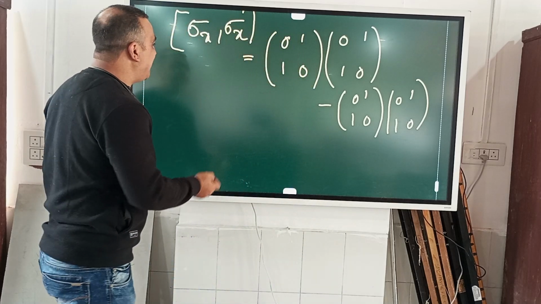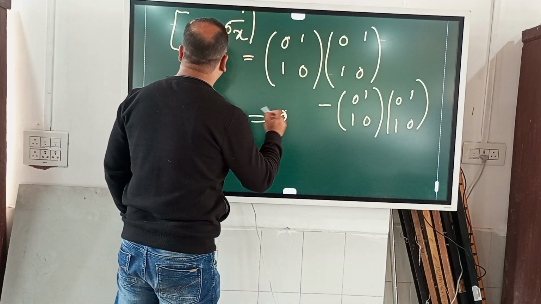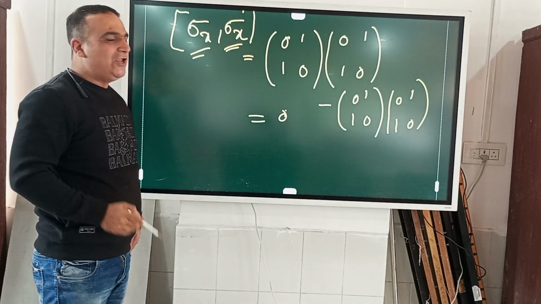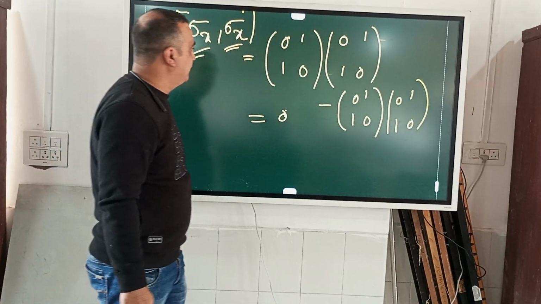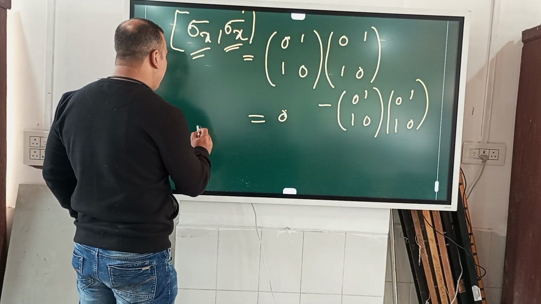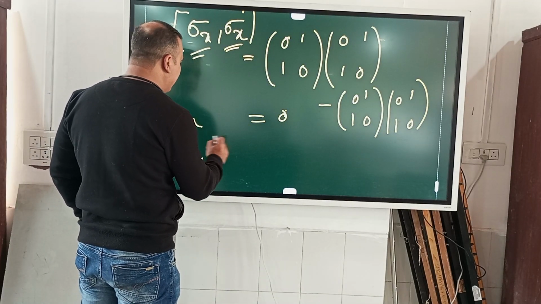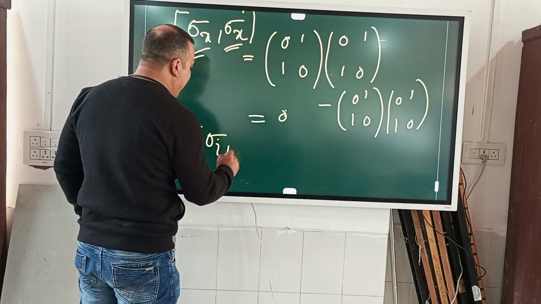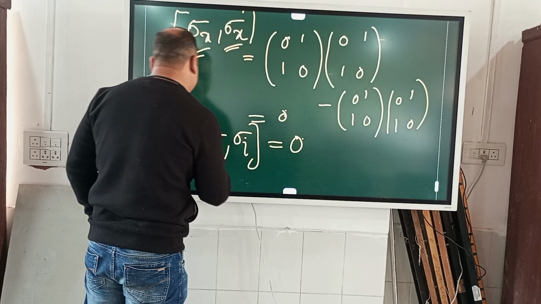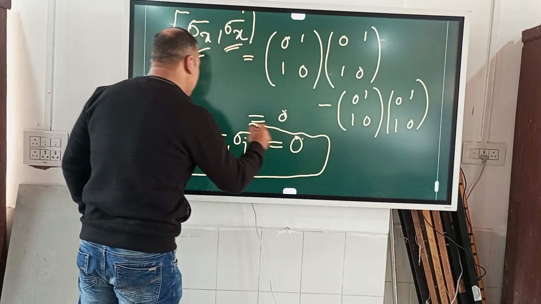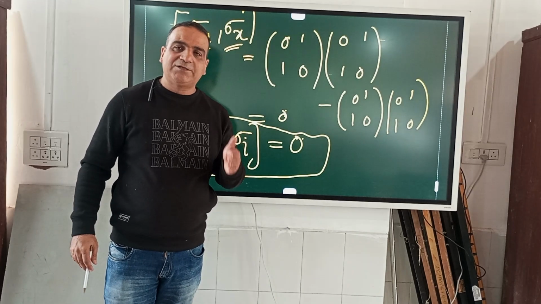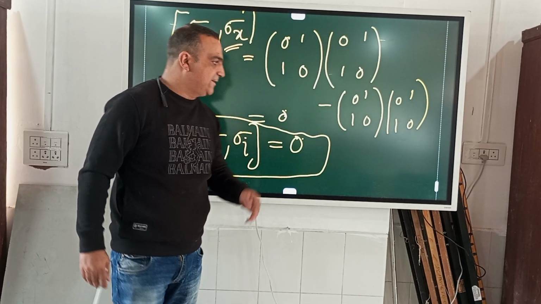We can see that the result here will be 0. So if you have the same component of the Pauli spin matrices, you can exactly measure them simultaneously. If I'm using the same component, sigma i and sigma i, this will automatically lead to 0. So they commute. The same component of the Pauli spin matrices commute with each other.